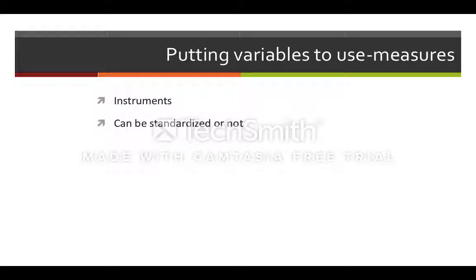So putting variables to use, once we've defined what we want to measure, oftentimes we need a way to do that. So we'll use what's called instruments or measurement tools. So things like surveys, interviews, various means of collecting data using instruments. And these instruments can be standardized or non-standardized.